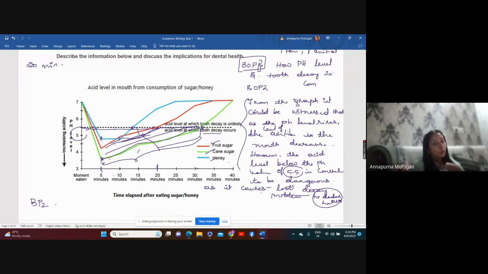But cane sugar's consumption makes the pH level drop drastically for a very long time, which poses a great problem, or which seriously affects dental health. Why? Because for a long time it is poison.